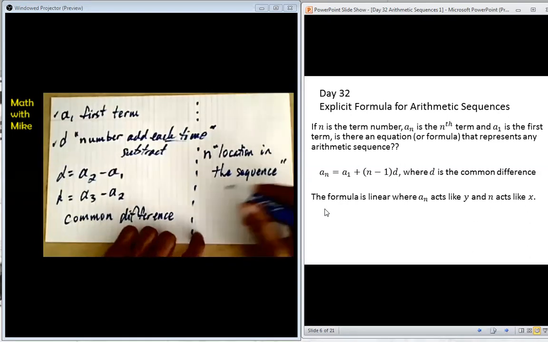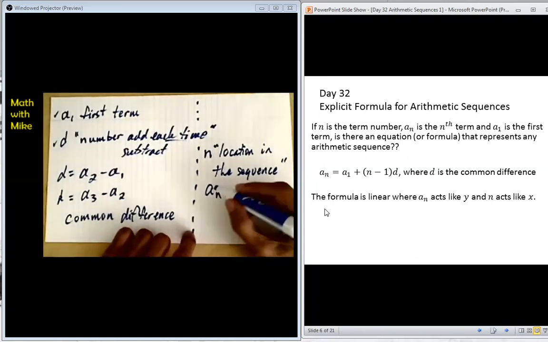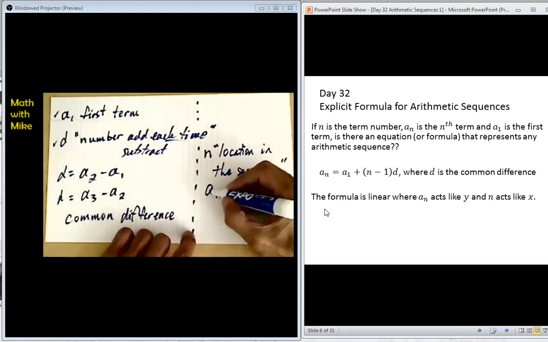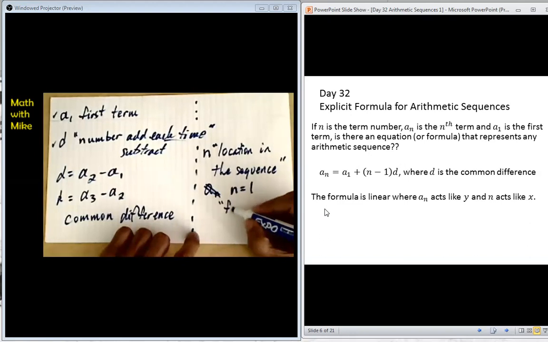Okay, so AN, right, means the, or I'll put it like this. If we have N is equal to 1, that means we're looking at the first term.